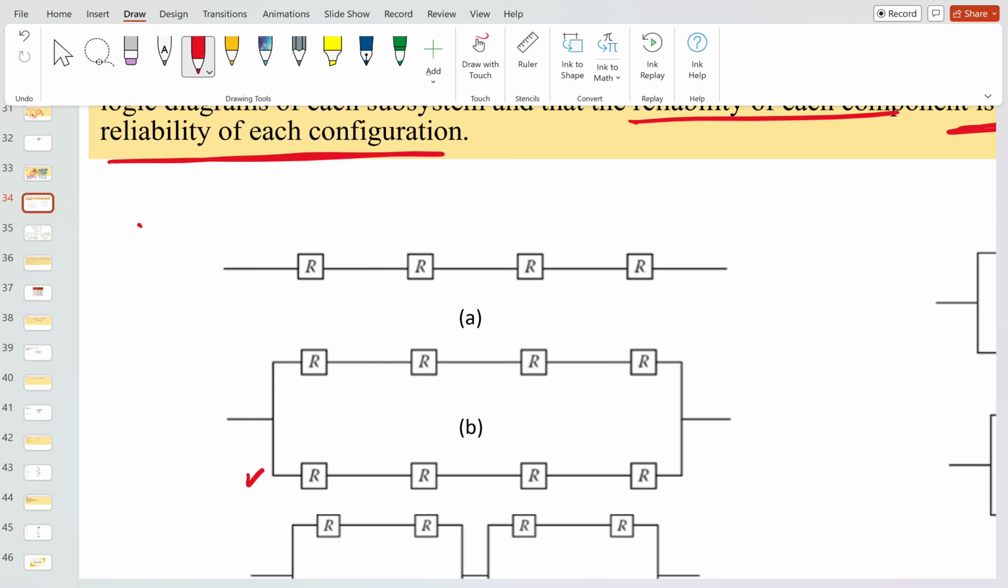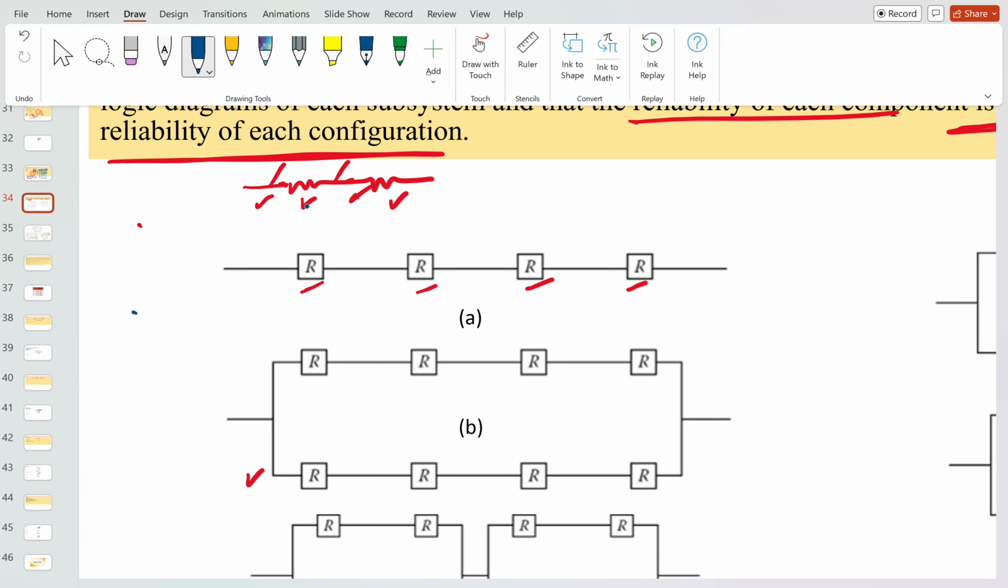Here, when you see the reliability of this component, R is the reliability. Suppose only two components are there, and the switches are there. The reliability of this system's operation depends upon both the components, or both the switches.